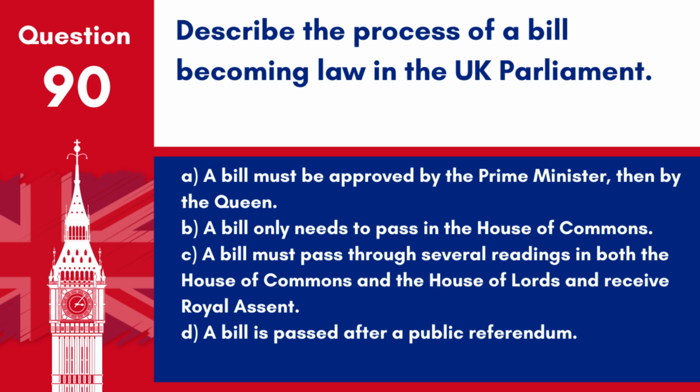D. A bill is passed after a public referendum. Answer: C. A bill must pass through several readings in both the House of Commons and the House of Lords and receive royal assent. This process ensures that legislation is thoroughly reviewed before becoming law.